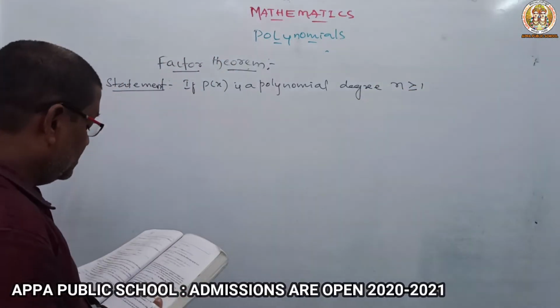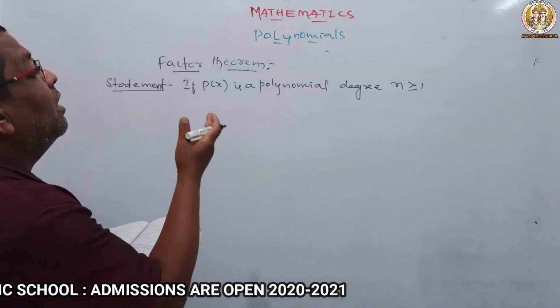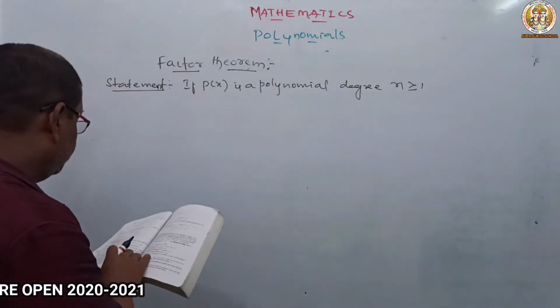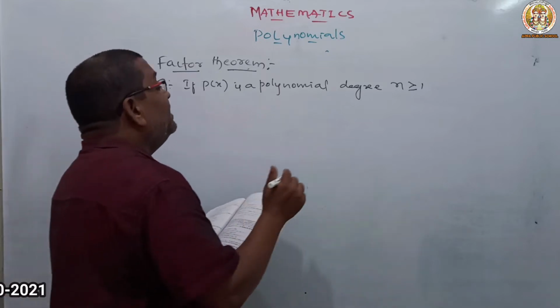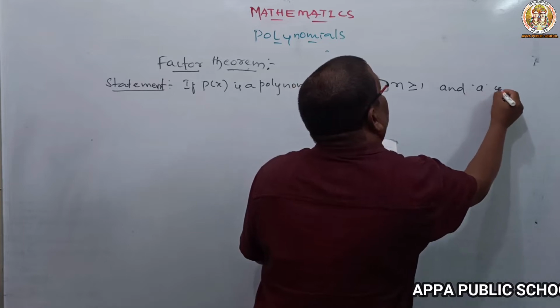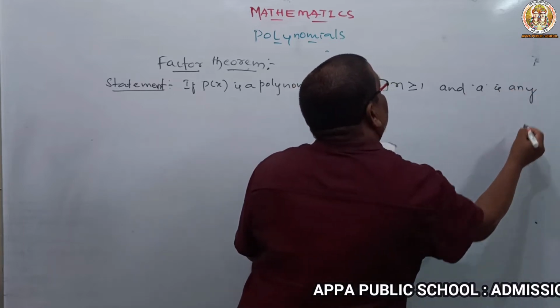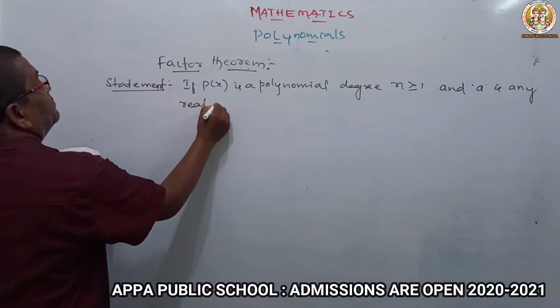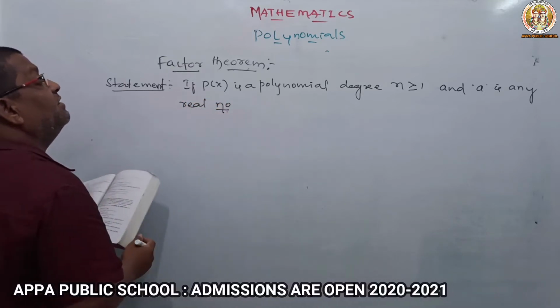It is the same as in the remainder theorem. What we told, the degree is always greater than or equal to 1. Here also the same. Next, and a is any real number.